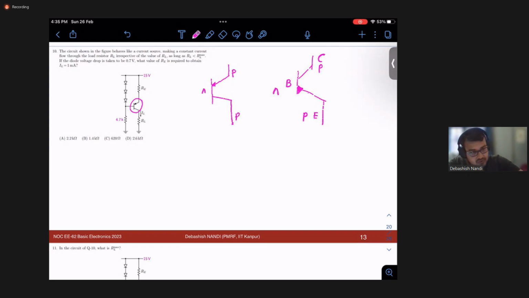Then you check where my emitter base junction is. The junction with the arrow is the emitter base junction. Now I need to find out whether this is base or this is emitter. You can simply see this is emitter, this is base, and this is collector, because you know the base is the vertical line, right?